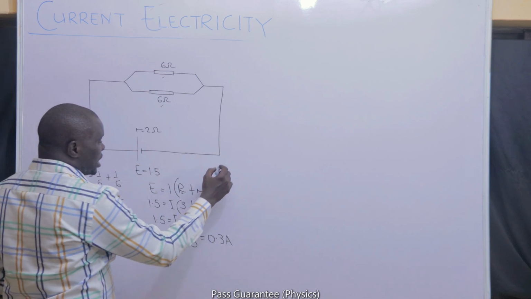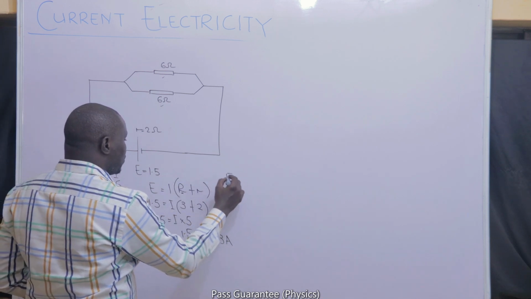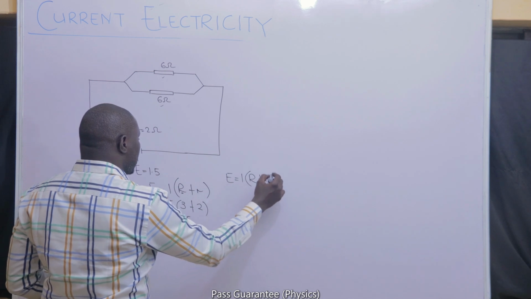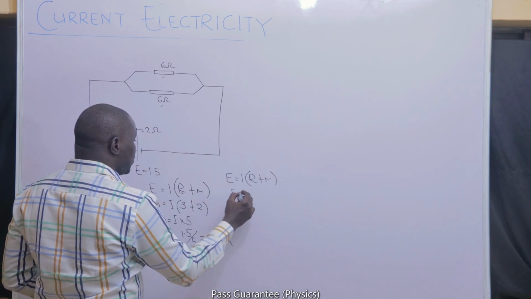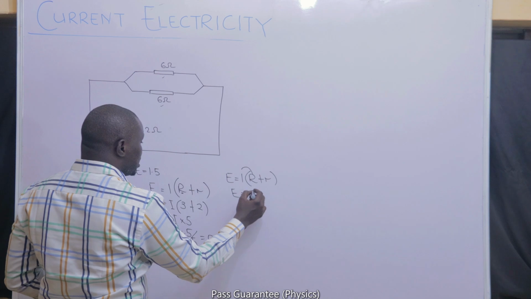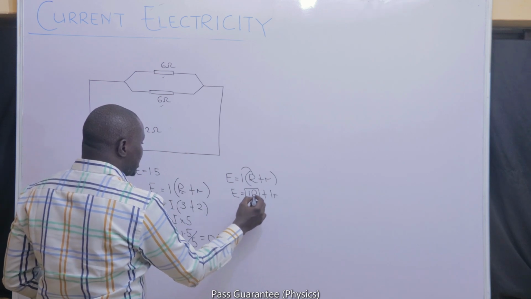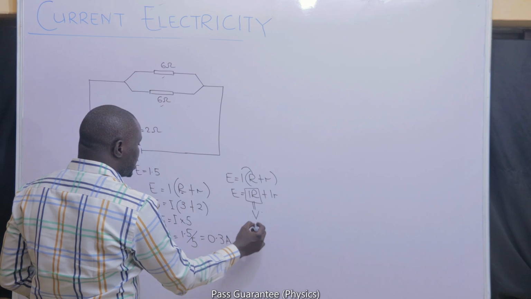The terminal potential difference, if you break this bracket, you have E is equal to I open bracket R plus r. The terminal potential difference is the part that you get when you multiply the current by the total external resistance. That is the terminal potential difference.